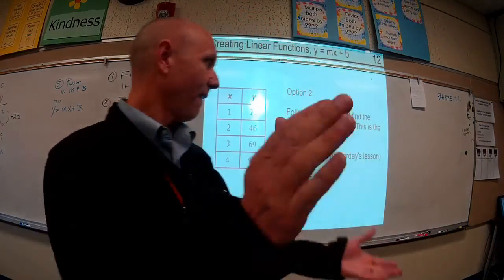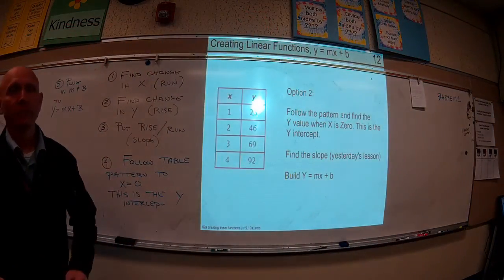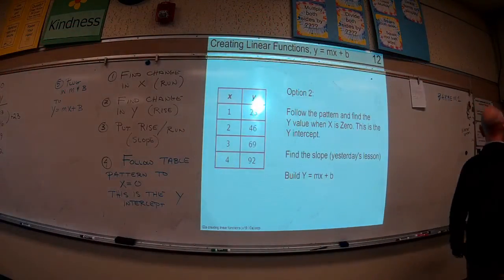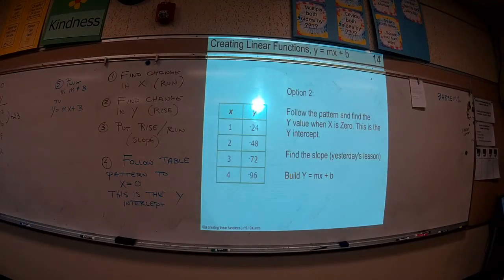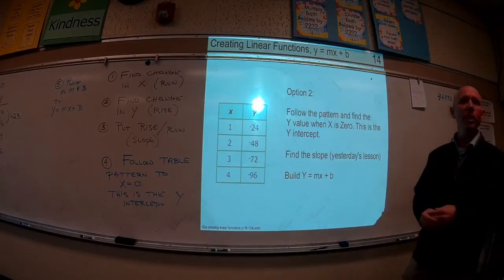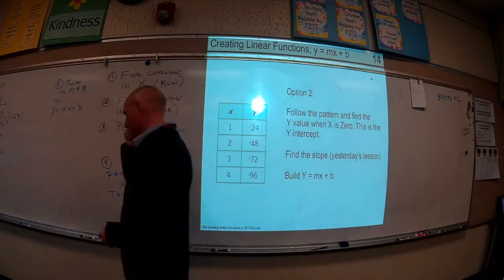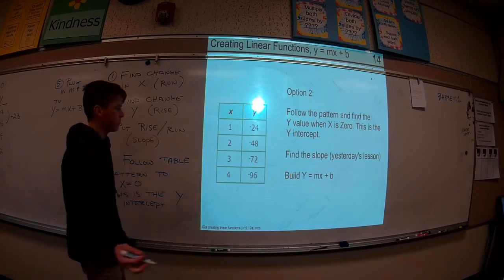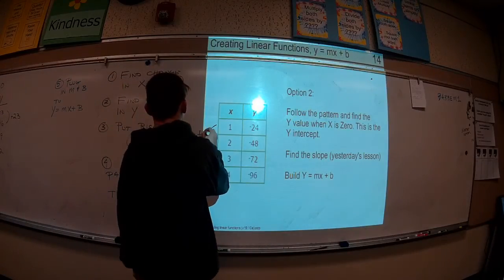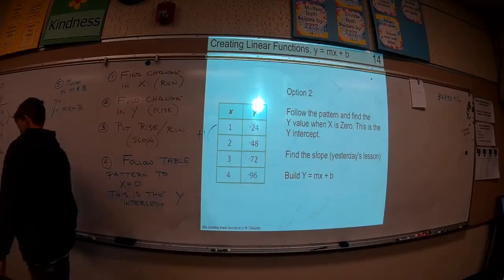All right. Let's do one more on the board. Step 1. Read it to me, Marvin. Step 1: find the changing x. Come up and do that. Step 2. Read it to me. Find the changing y. Get up there and do that. Nice. Good job.